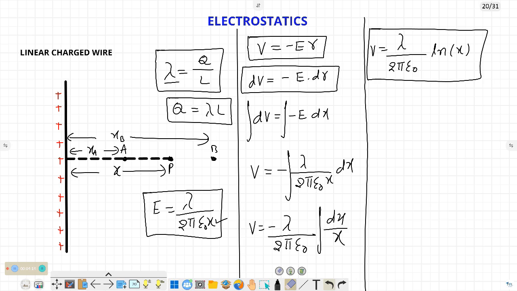Suppose if you apply the limits to this one, V is equal to minus lambda by 2 pi epsilon naught into integral dx by x.